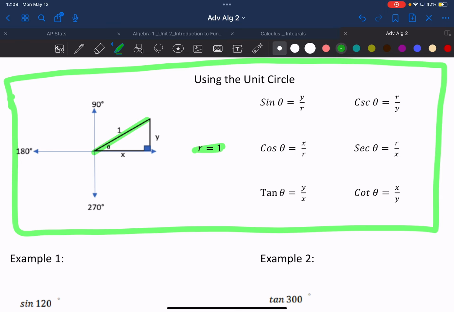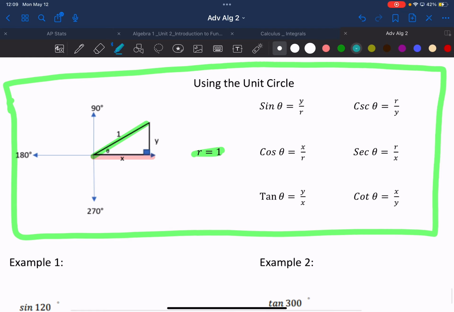And then you'll notice that they now use x and y because if we look at this like a graph, x right here is on the x-axis. So this is always going to be x because it's on the x-axis. And then this one here going up and down is y because our y-axis also is vertical, going up or down. Okay. So when we're solving these, we're going to be using these ratios.